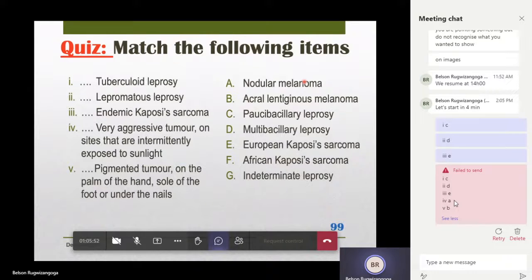Any further question? Here, intermediate leprosy and the African Kaposi sarcoma were distractors, so they have nothing to be matched with on this left side.